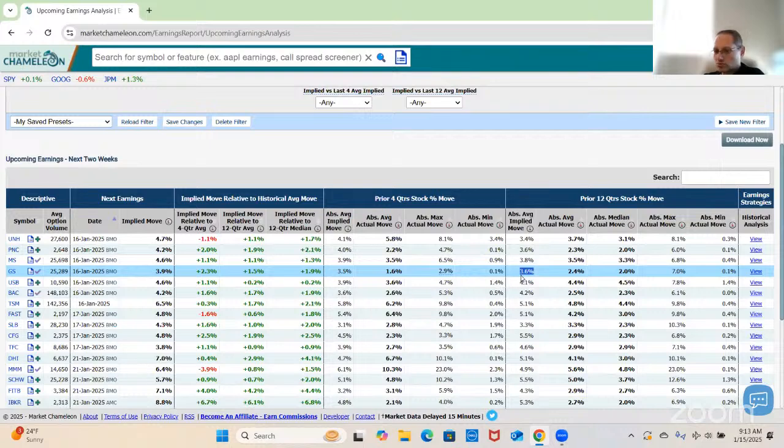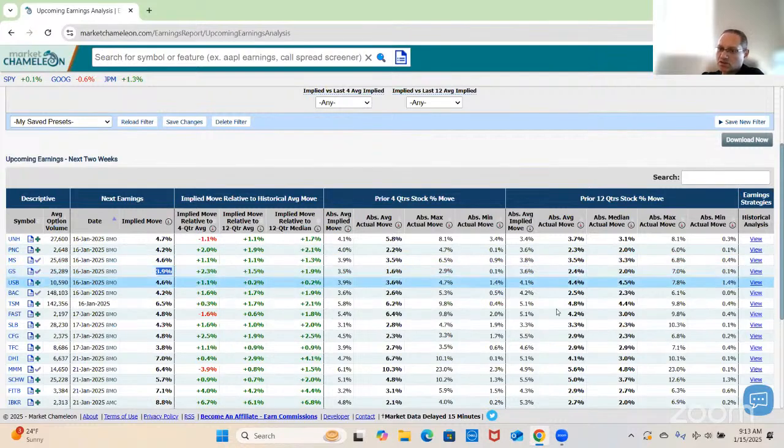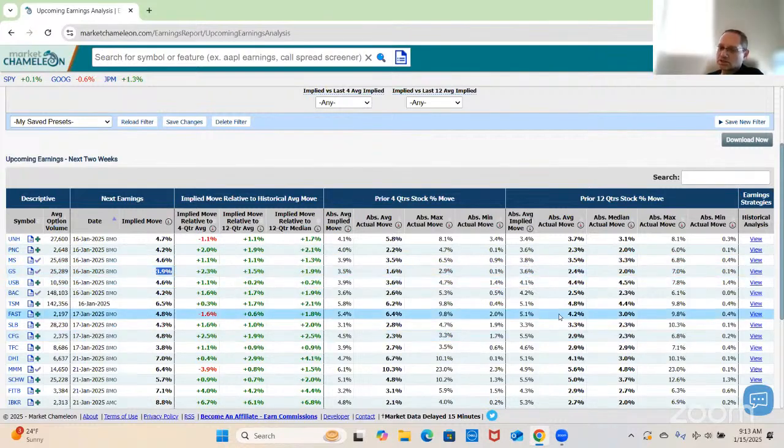The historical implied moves in the last 12 quarters, the straddle was pricing 3.6%. Last 4 quarters, 3.5. So you could see slightly above the average here. Really it's just slightly above the average, but close enough to those averages. Keep in mind, these are averages, so there are ranges around them. But it's nothing that's significantly far away from these averages.